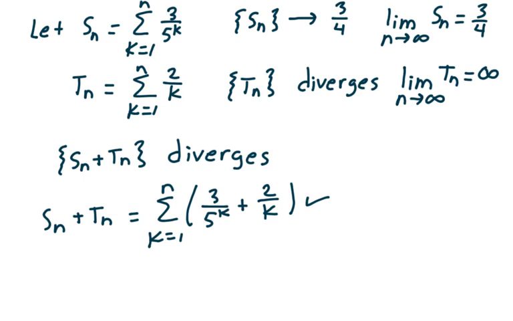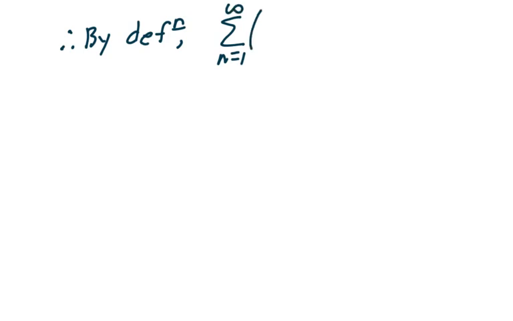And if that sequence of partial sums diverges, then by definition, the summation from n equal 1 to infinity of 3 over 5 to the n plus 2 over n must also diverge.